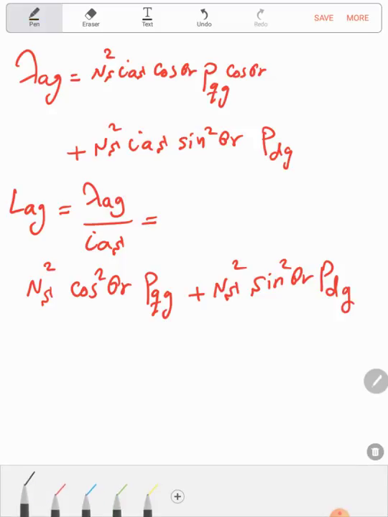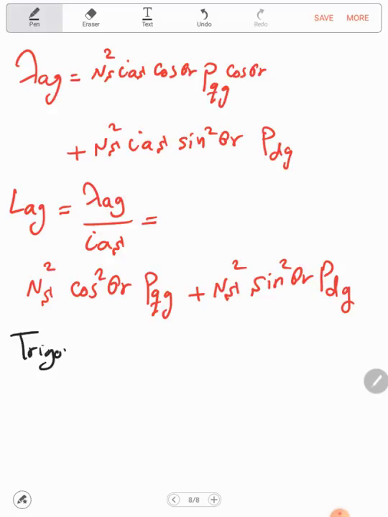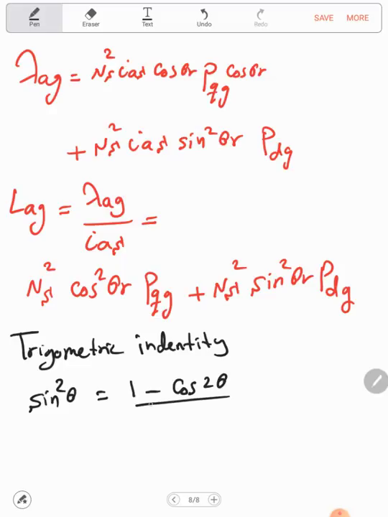Now we can use the following trigonometric identity in order to simplify the magnetizing inductance. So we can use sine square theta equal to 1 minus cosine 2 theta over 2, and cosine square theta equal 1 plus cosine 2 theta over 2.